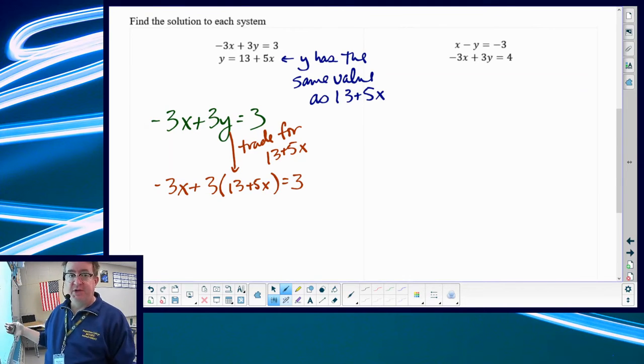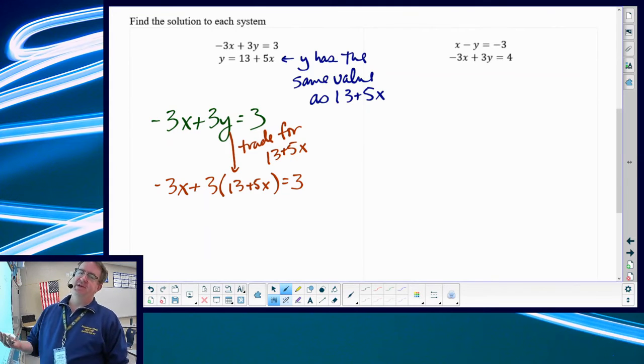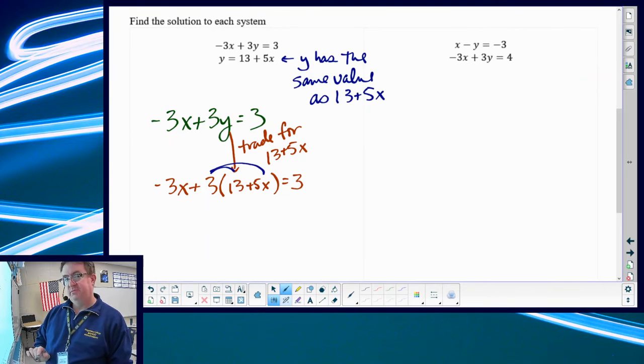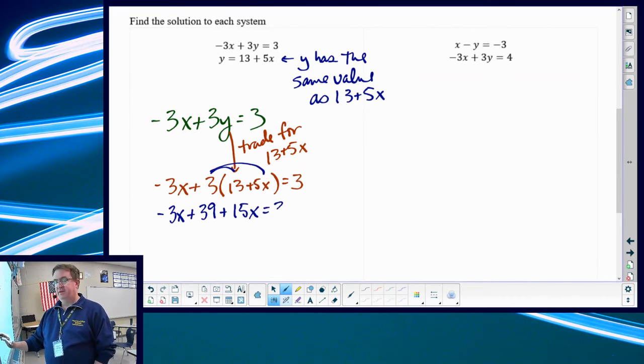Now I have a single equation, only x in the equation, and hopefully, and I'm not saying you're super comfortable with it, hopefully you're like, wait a second, we did that first semester. I'm going to multiply the 3 out. So I get negative 3x plus 39 plus 15x is equal to 3.